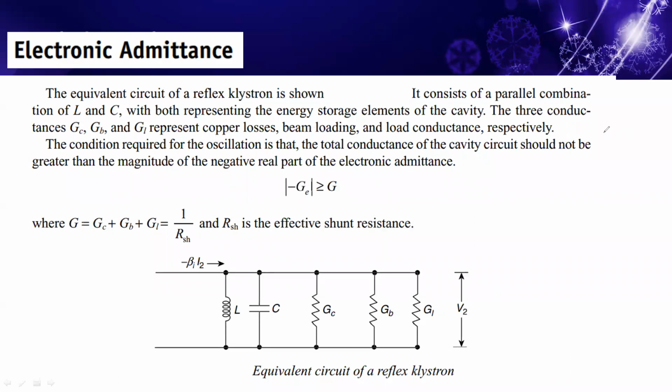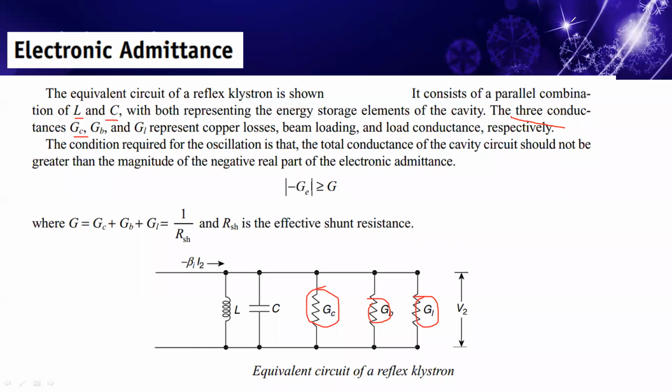So the total reflex klystron equivalent circuit consists only of resistors, inductors, and capacitors. Apart from this L and C, here we placed three conductances, which are GC, GB, and GL.